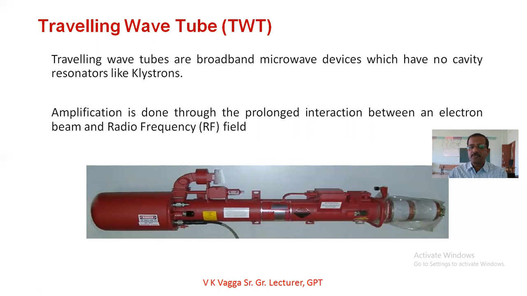So it is called a microwave device, and it does not have the cavity. It is itself called the TWT. Its operation is based on the interaction between the electron and the radio frequency, and based on that it undergoes the amplification.